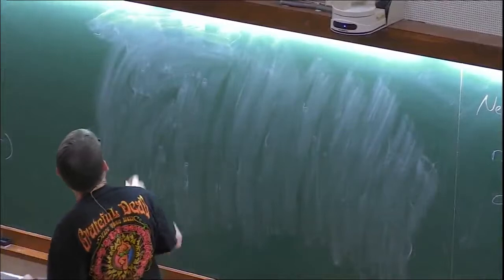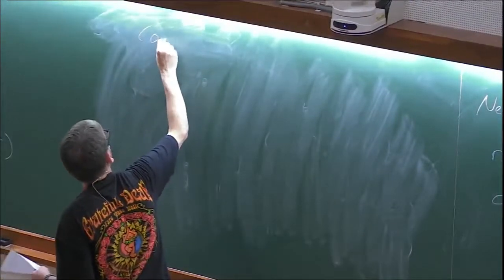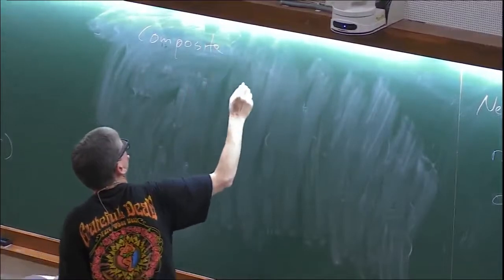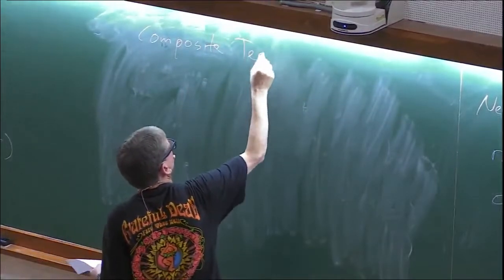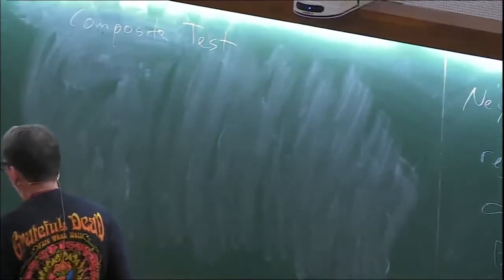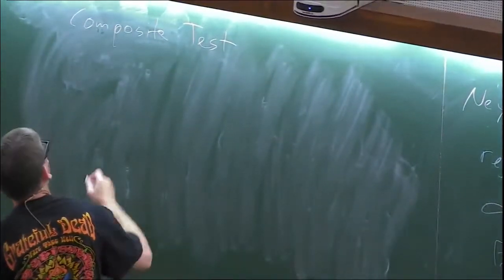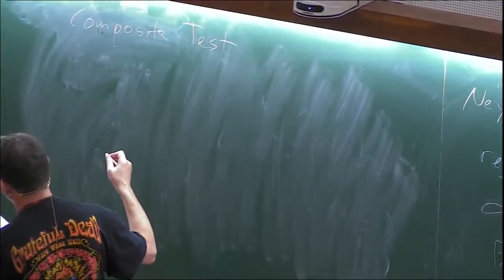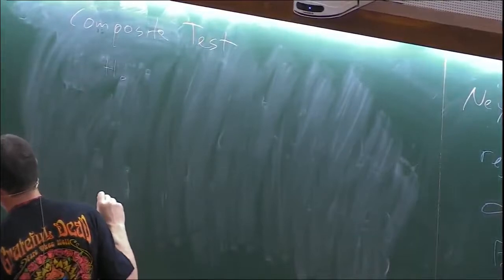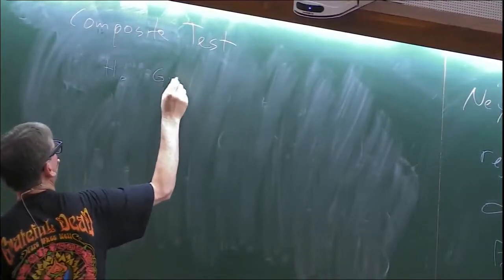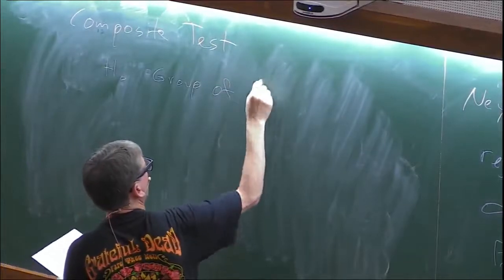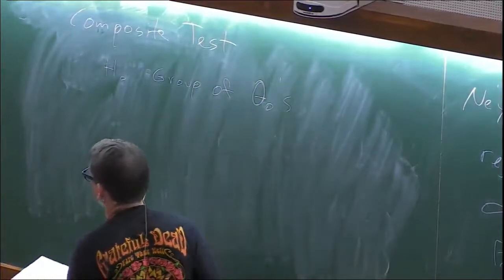And so what about a composite test? Here we have a situation where, in terms of estimations, we want to test H0, which is some group of theta zeros.